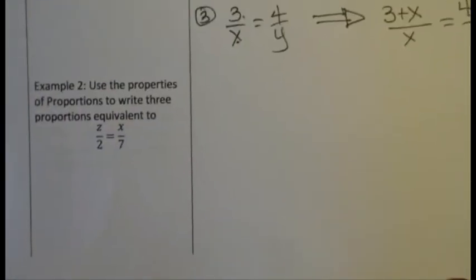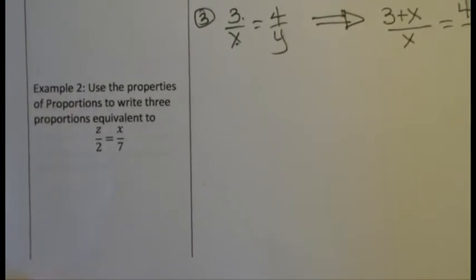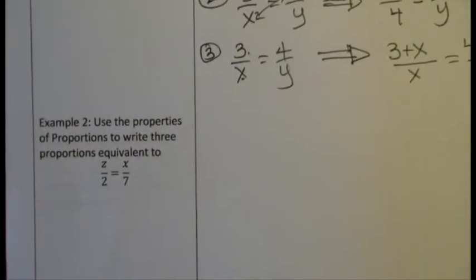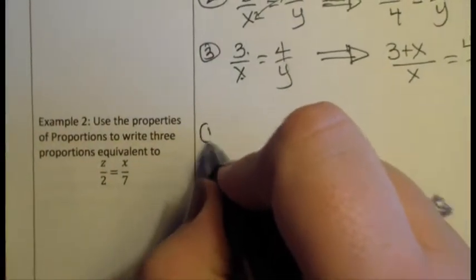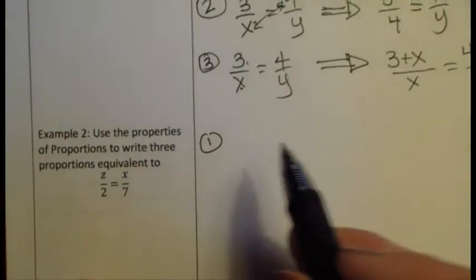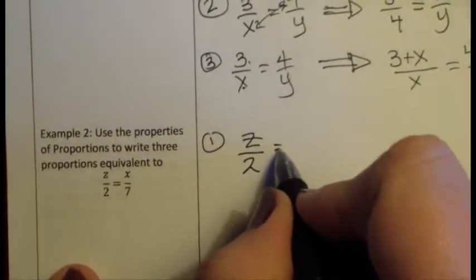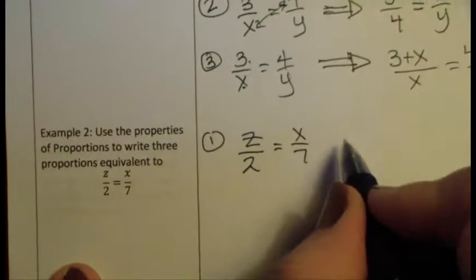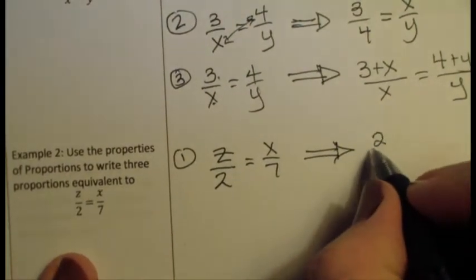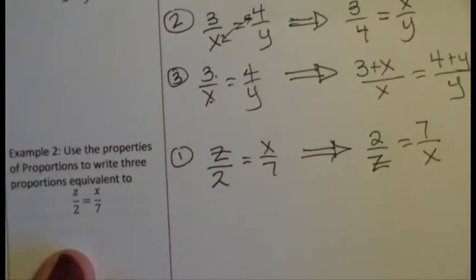So example 2, use the properties of proportions to write 3 proportions equivalent to z over 2 equals x over 7. Again, for our first property, we're going to just flip, write the reciprocals. So if our original is z over 2 equals x over 7, it's going to be equivalent to 2 over z equals 7 over x.